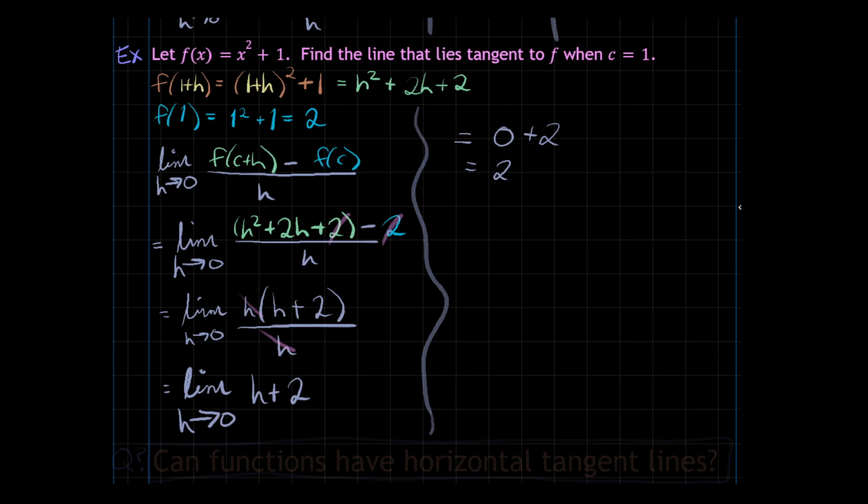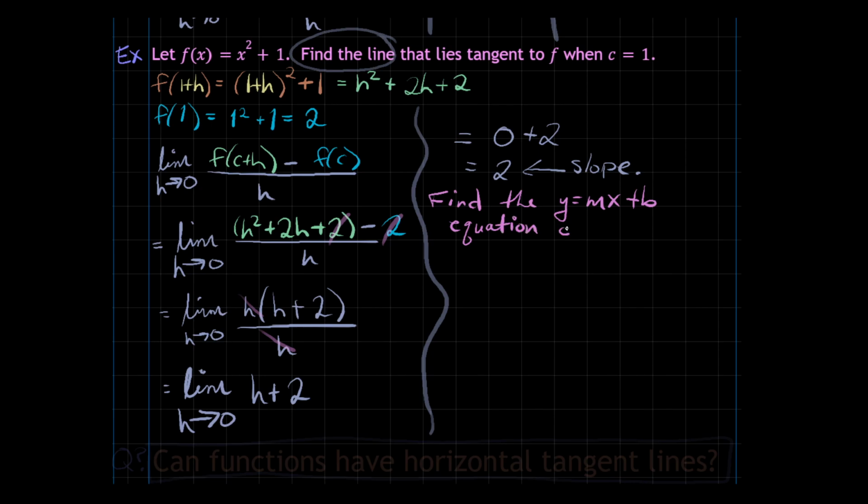Notice, though, that it said find the line. So we're not done. That's the slope. We want to find the equation of the line. Find the y equals mx plus b equation of the line. So I'm going to take y equals mx plus b.